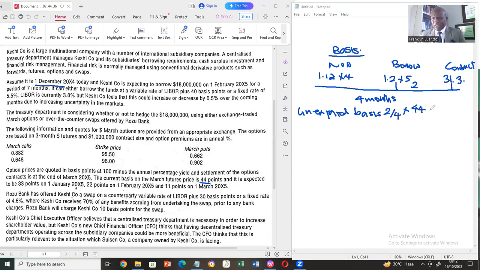So the unexpired basis is 22 points, which will be 0.22. That is step 1.